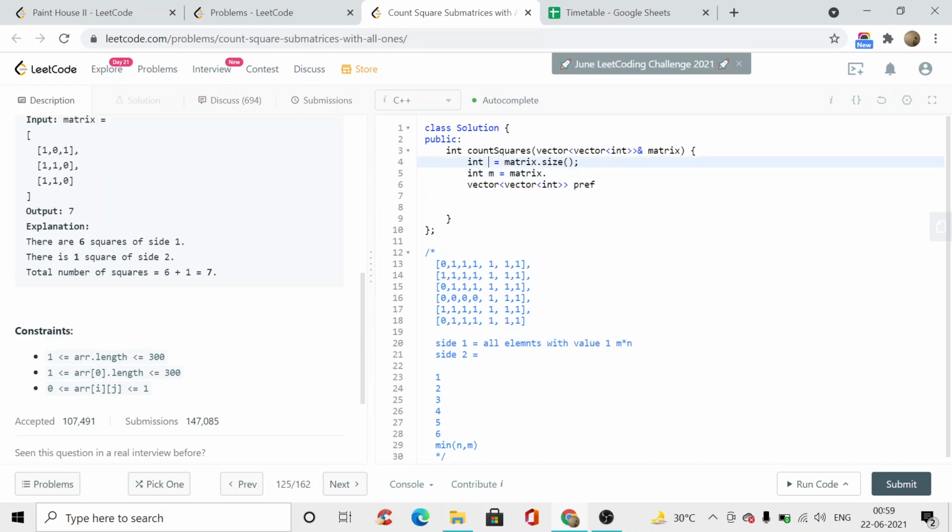Okay, let's just keep it as row, and this is column.